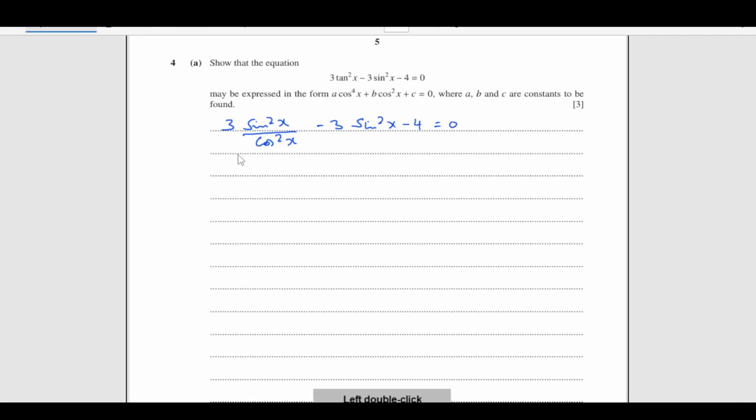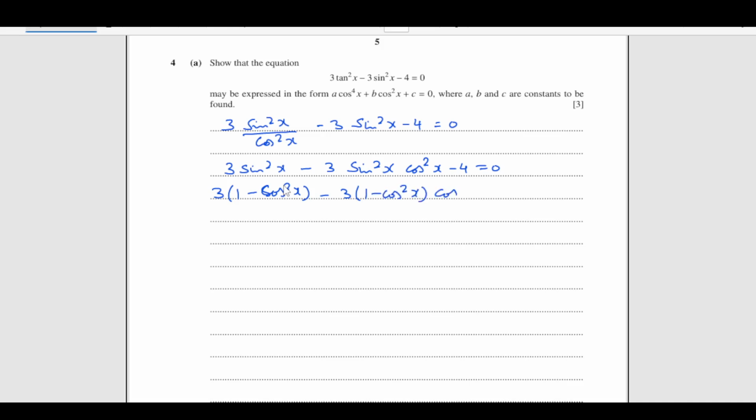Now multiply throughout by cos squared x, it will become 3 sine squared x. Sine squared can be written as sine squared x. Let me first add one more step. Cos squared x minus 4 equals 0. So as you can see, we have the whole equation in cos, so we will convert all the sines into cos. 1 minus cos squared x minus 3 into 1 minus cos squared x.